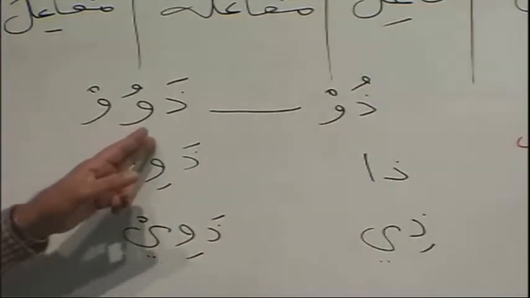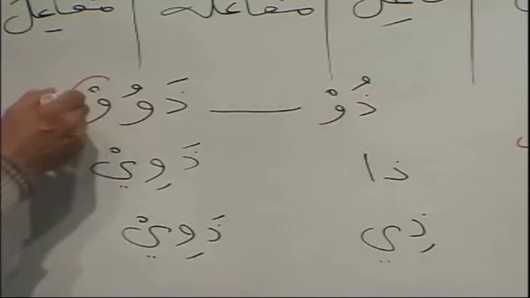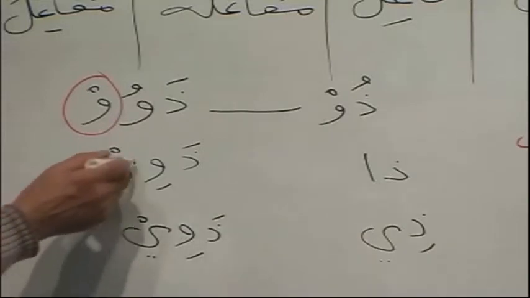Now, zavu marfu bi waw. Marfu bi waw. What is zavi? Mansub bil ya. And then zavi majrur bil ya. This is also coming in the lesson, and it is also explained in the key.